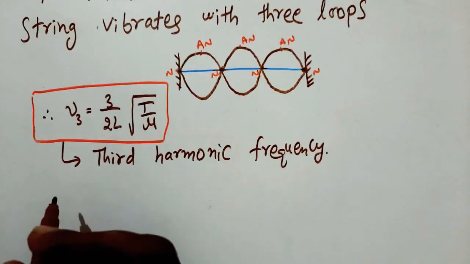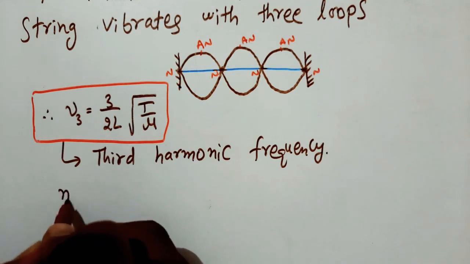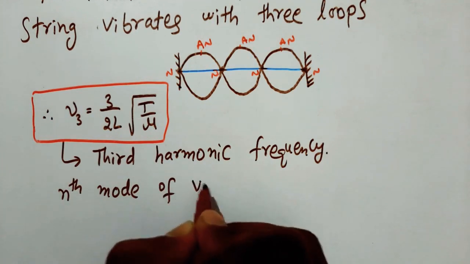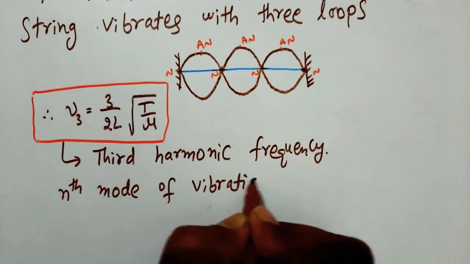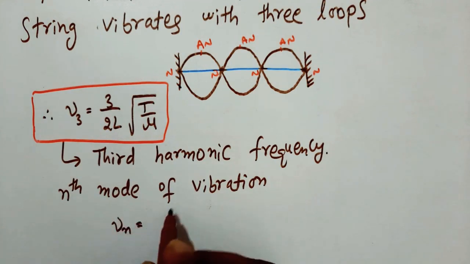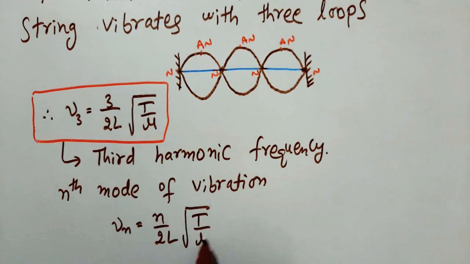Similarly, in the nth mode of vibration, we can write frequency nu n is equal to n by 2L into square root of T by mu.